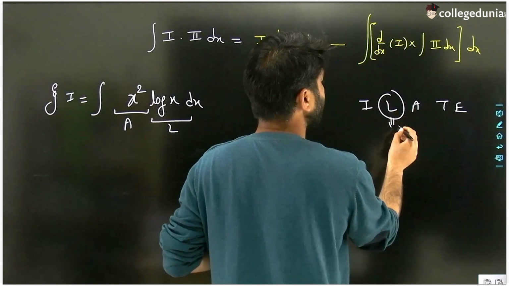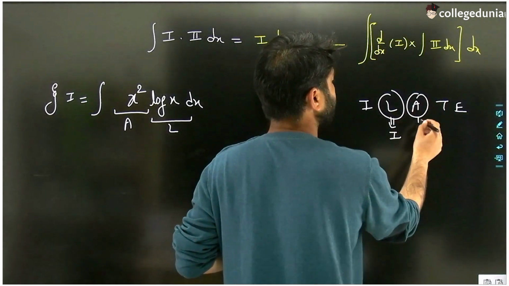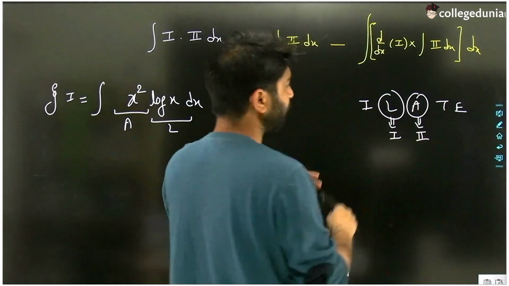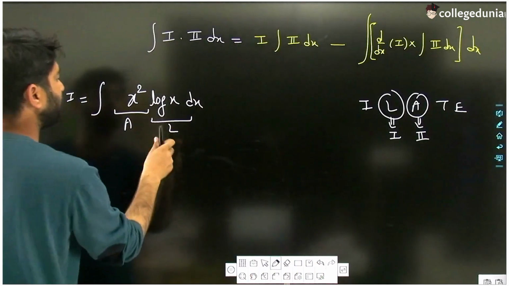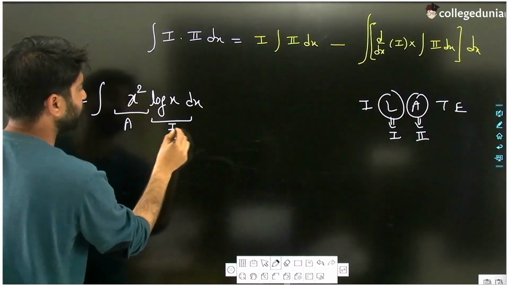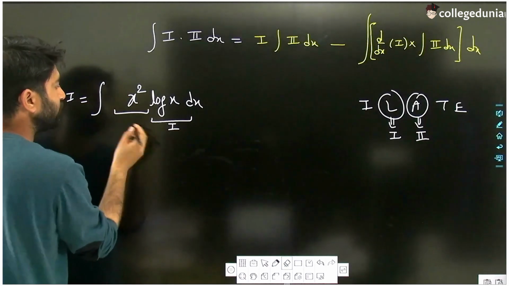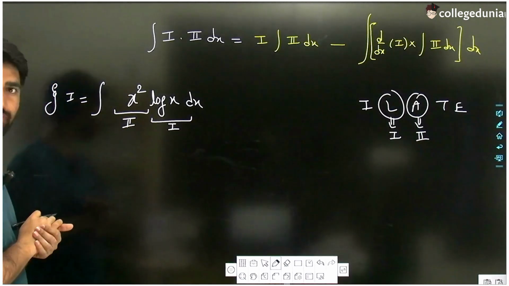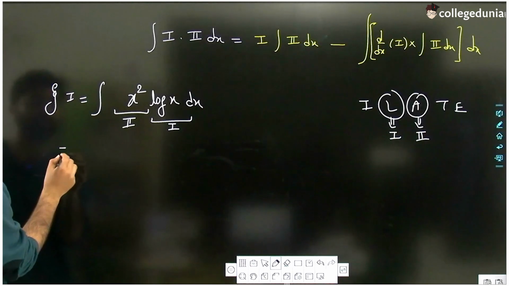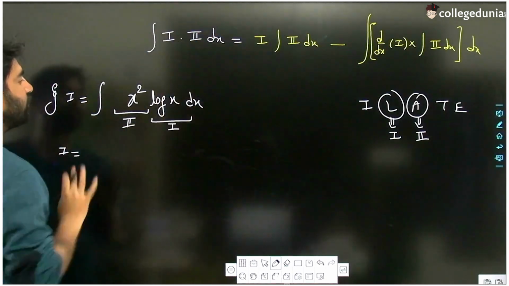Log comes before algebra. So if we follow this rule, this log will be treated as first, and this x square will be considered the second function, right? So guys, now we are going to use this by parts rule in this situation.